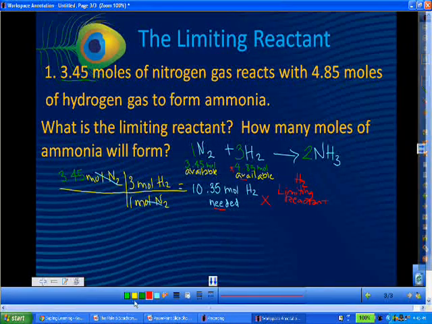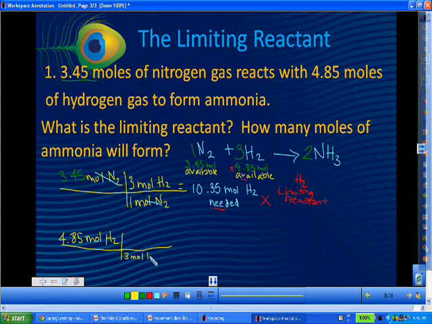Now just to be certain, let's go ahead and solve for what is needed for nitrogen. So we start with 4.85 moles of hydrogen. And we have 3 moles of hydrogen for every 1 mole of nitrogen. So 4.85 divided by 3, the moles of hydrogen will cancel out. So this lets us know that we only need 1.607 moles of N2 are needed.